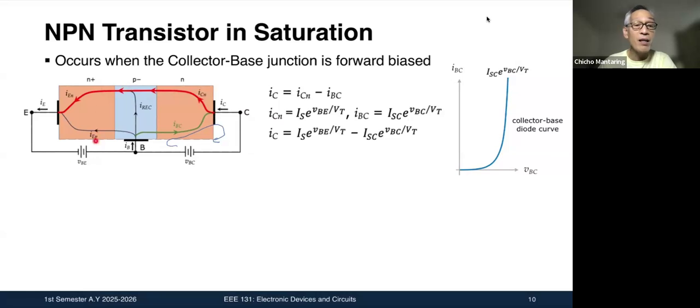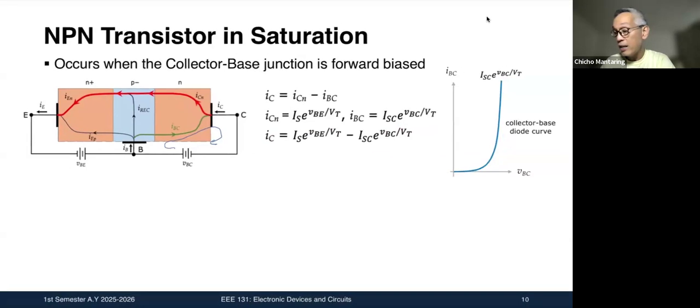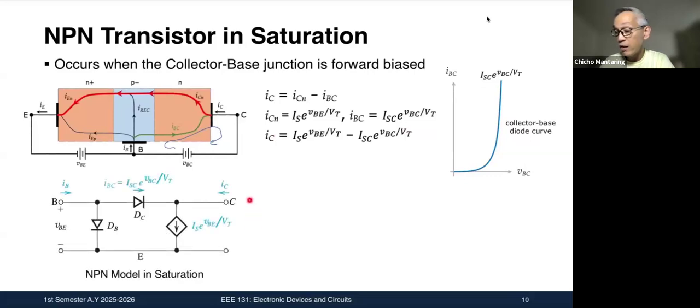So you can still use this equation. Now, IBC, we already mentioned, is equal to this. So finally, this is your equation for I sub C. We can develop a circuit model from this, and this is our circuit model.